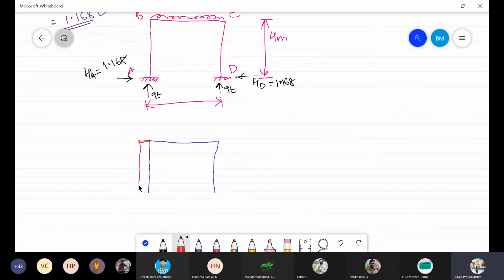So here it will be a constant one. Here it will be 1.558.